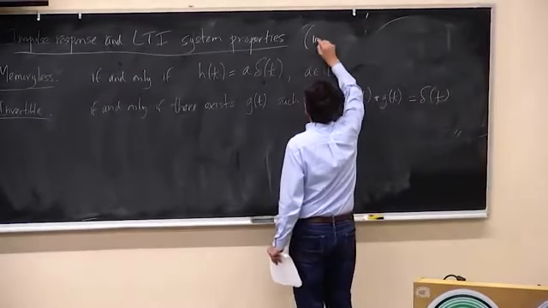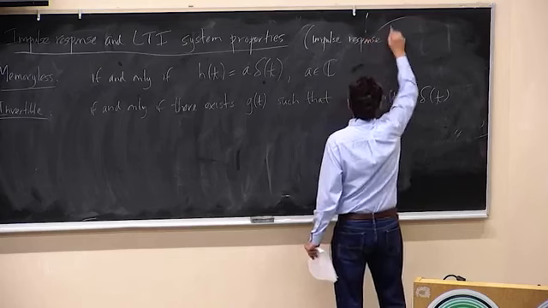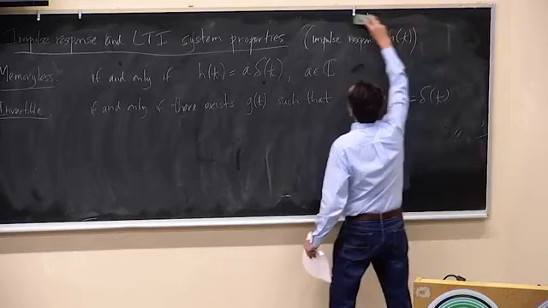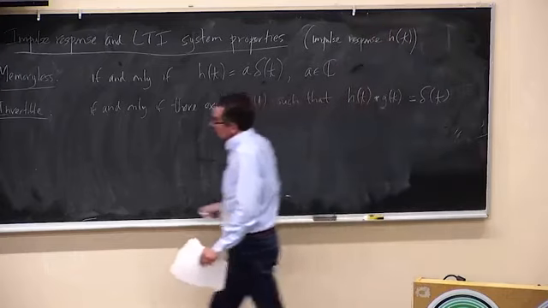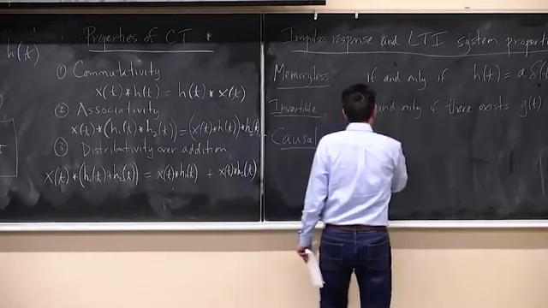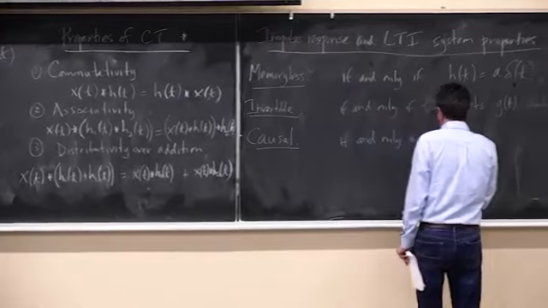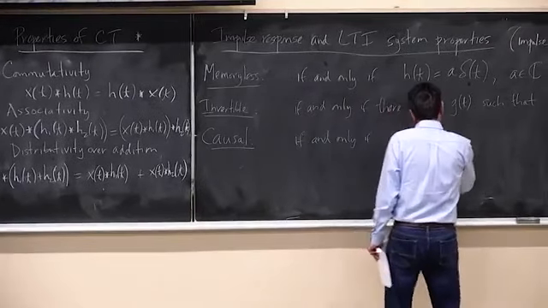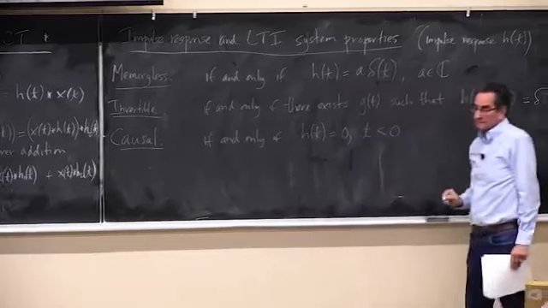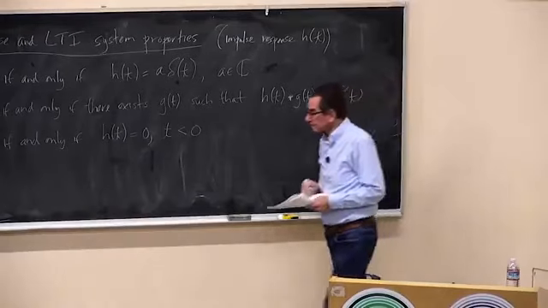And I'm assuming here the impulse response, of course, is being denoted by h of t. Causality, just as before. The system is causal if and only if the impulse response is 0 for negative time. Right? All the action has to happen after that impulse goes into the system.